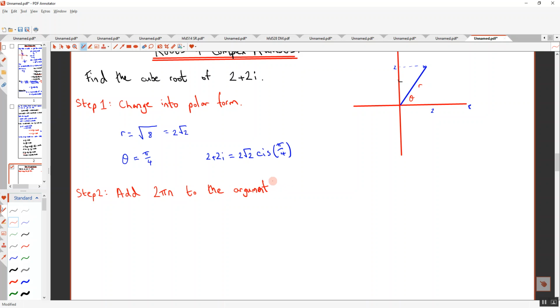So remember, the argument's just another word for the angle. Yep. And then we're going to raise to the required power.